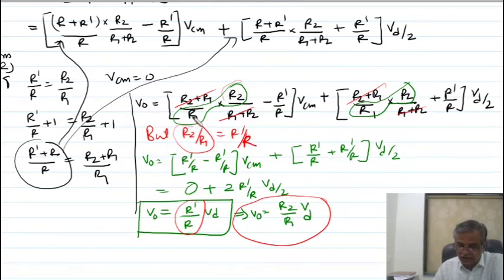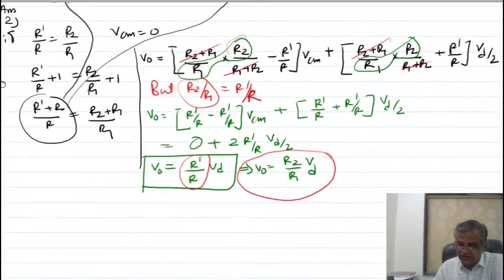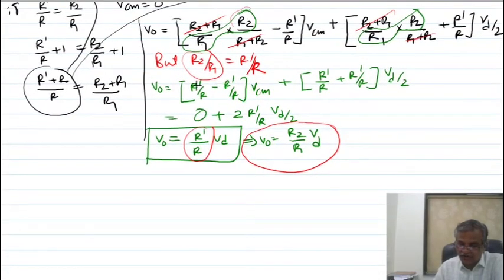Instead of R2 by R1, I put R dash by R. As you are given that R2 by R1 is R dash by R, this common term will become 0. This is like this, so you can get the output voltage. I think you understand this.